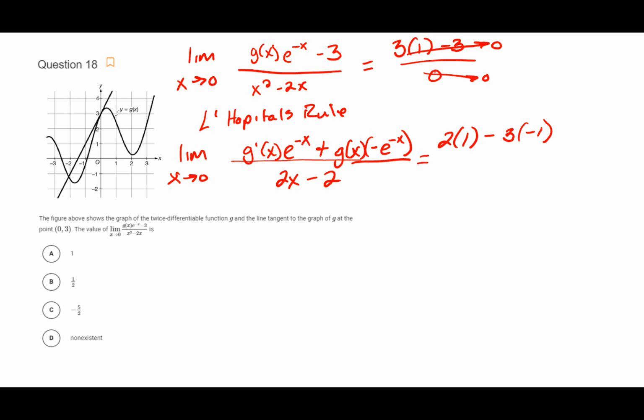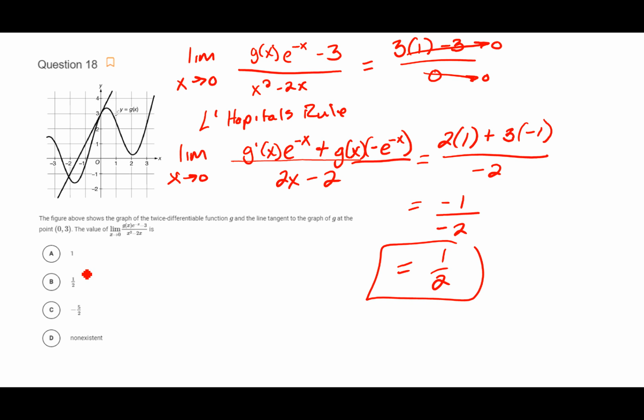So it's a negative 1. And these actually should be plus between those two. 2 times 1 plus 3 times negative 1, all over negative 2. So 2 minus 3 would be a negative 1 divided by negative 2, which is a positive 1/2. So letter B would be correct.